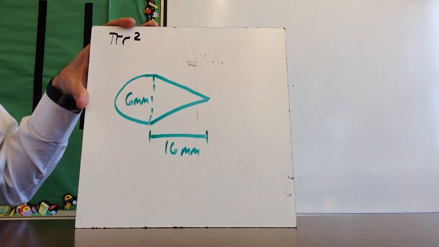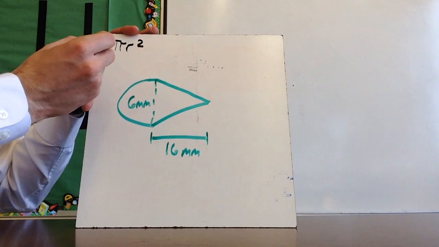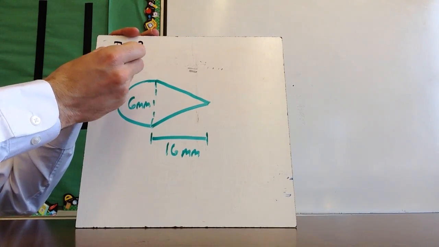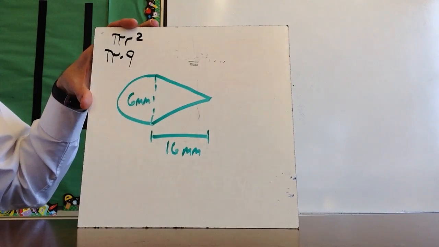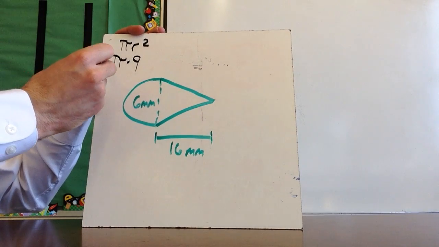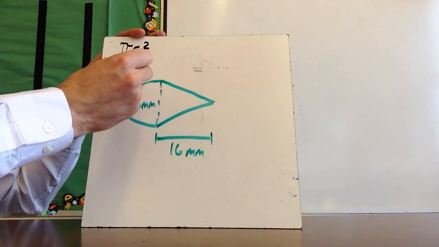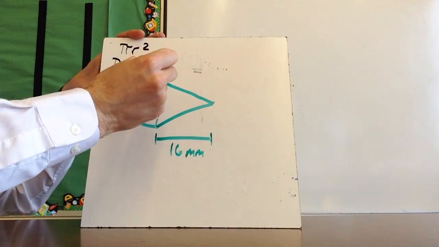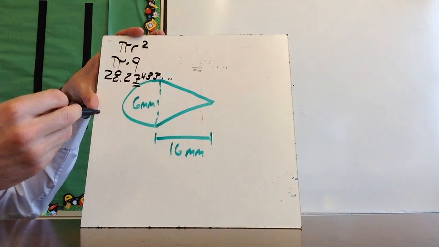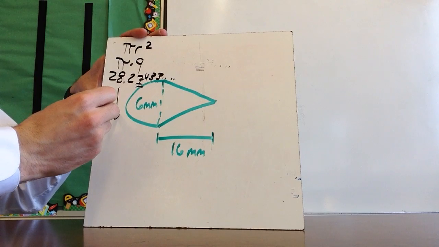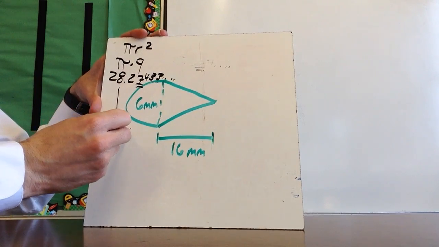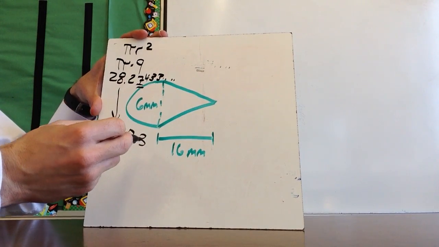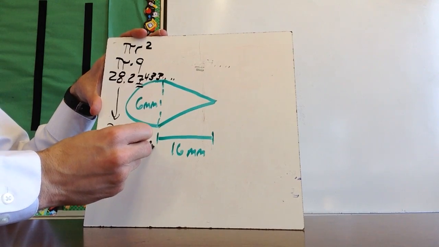And so then I need to take pi times 3 squared, which is the same as pi times 9, which is 28.27433... This 7 tells me to round up. So I'm going to get approximately 28.3 square millimeters.